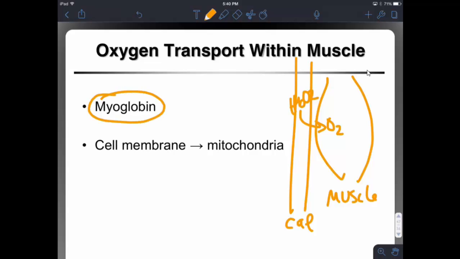Myoglobin, similar to hemoglobin, binds and transports oxygen within the cell. It picks up oxygen at the cell membrane and carries it and drops it off at the mitochondria, where we can then use it in the electron transport chain to be that final electron acceptor.